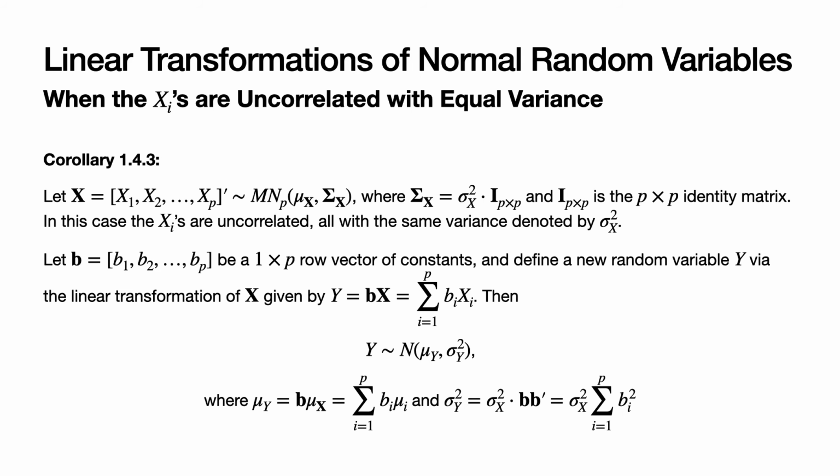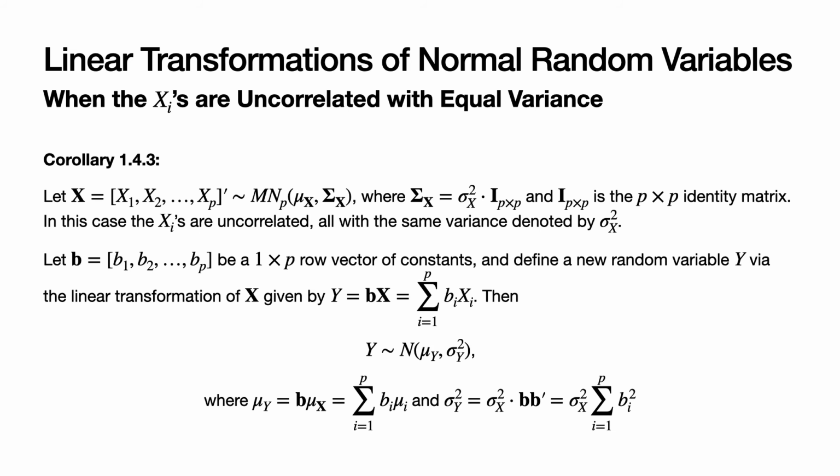It's equal to sigma squared sub x times the identity matrix, and so it's a diagonal matrix with the same entries down that diagonal. And so that implies then that the x sub i's are uncorrelated, all with the same variance, which we denote by sigma squared sub x.